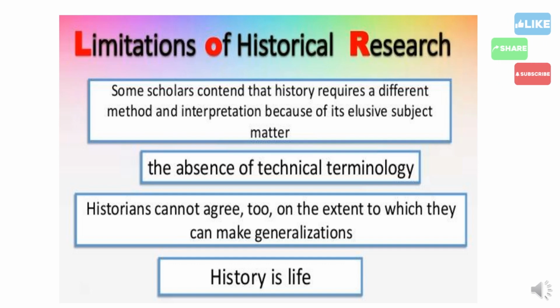Some scholars contend that history requires a different method and interpretation because of its elusive subject matter. The absence of technical terminology means historians cannot agree on the extent to which they can make generalizations. This is the limitation of historical research.